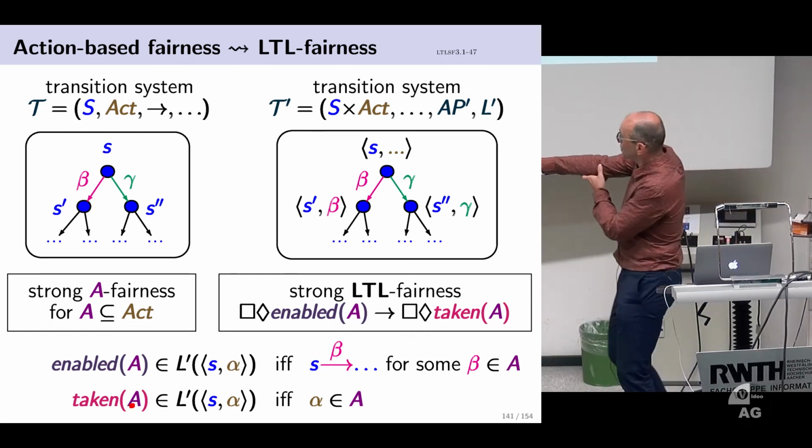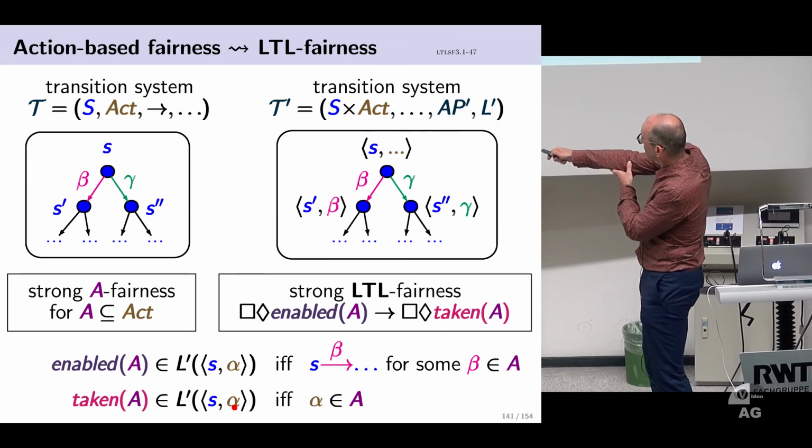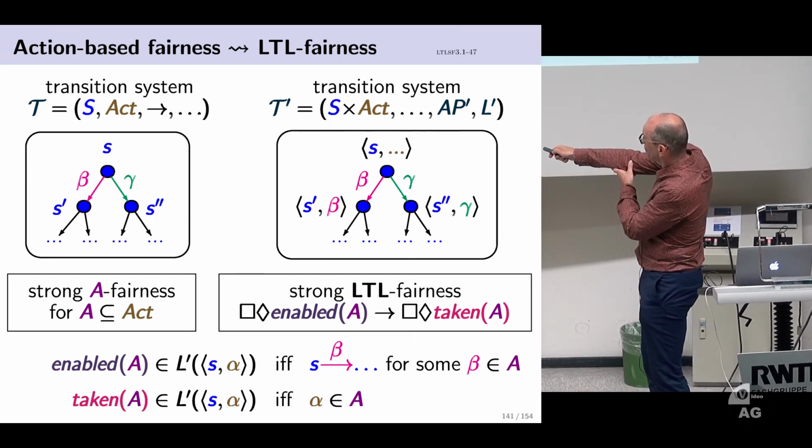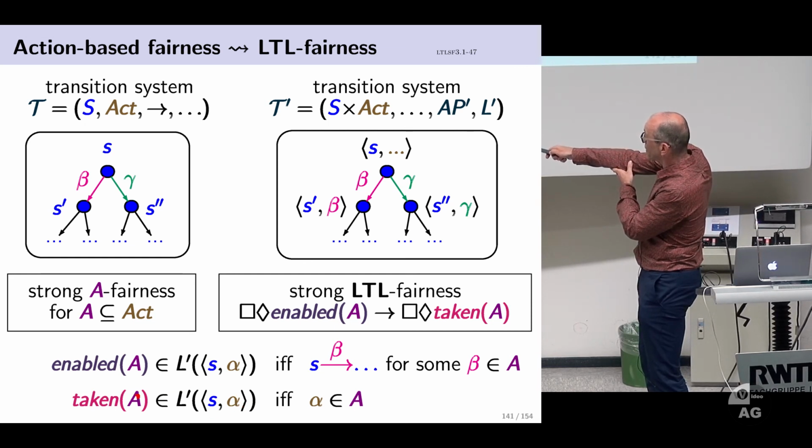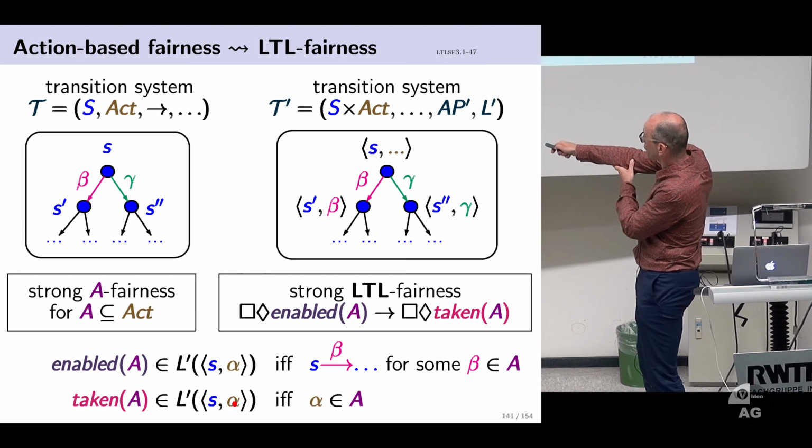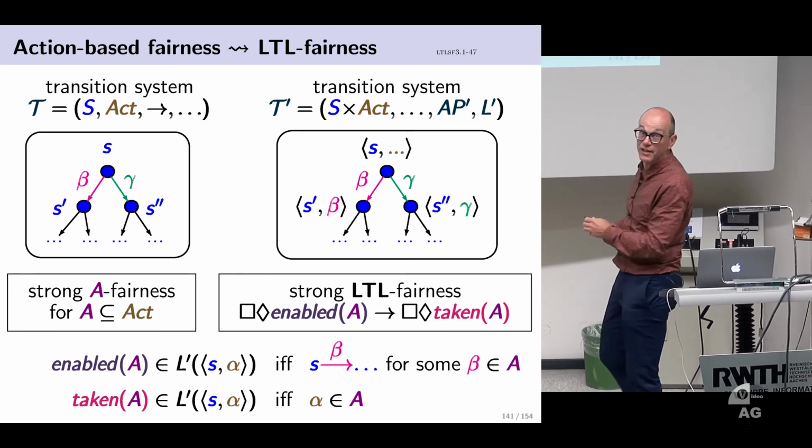And here is the taken, which is the most important part, I think, that here you use the alpha. So here you say this state is labeled with the atomic proposition taken A, if and only if this action alpha that I just have taken is a member of the set A.